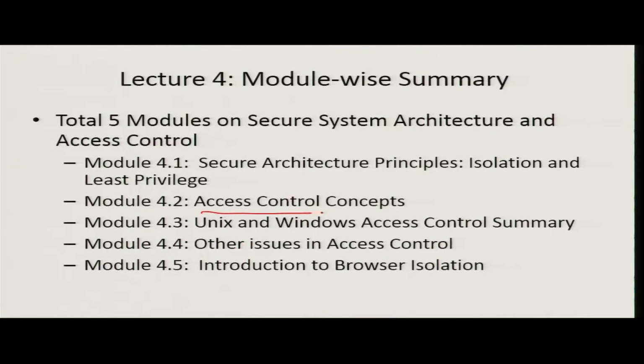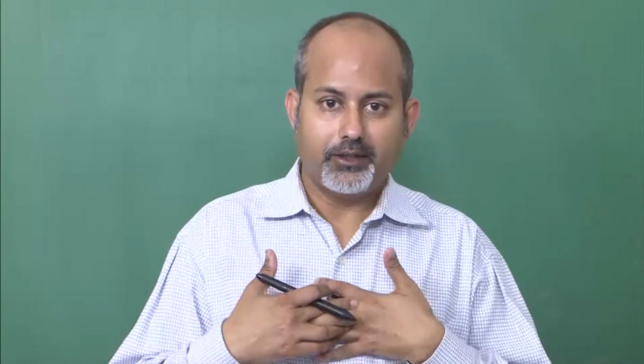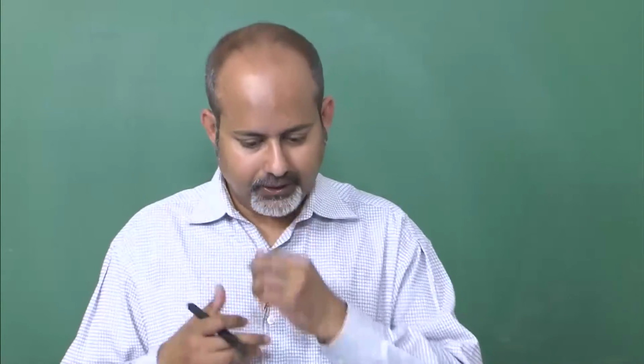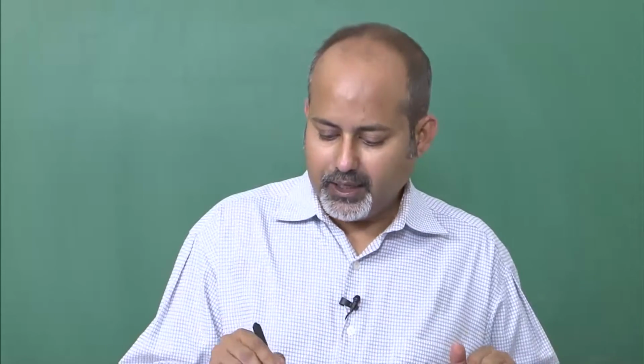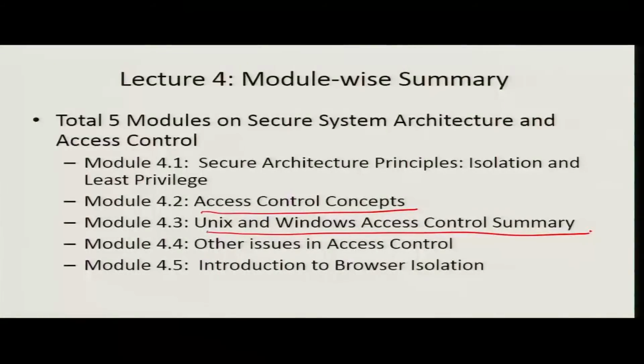Access control concepts are very important, because that is a way of keeping resources safe, and if that can be breached by privilege escalation or escaping from isolation, then you are in quite a bit of trouble. Then we talked about Unix and Windows access control very briefly, a few more issues in access control, and then we introduced you to browser isolation.